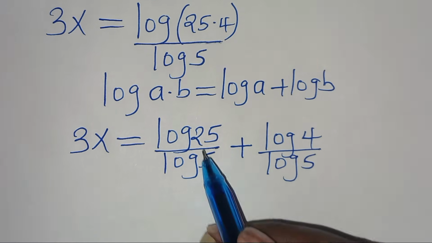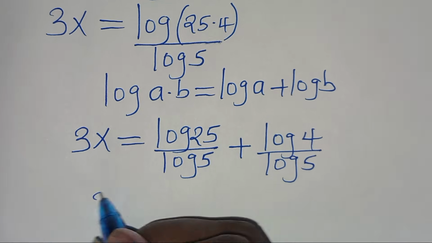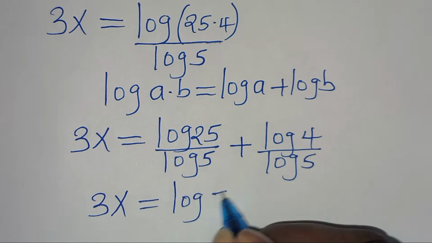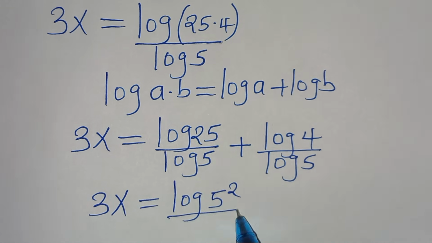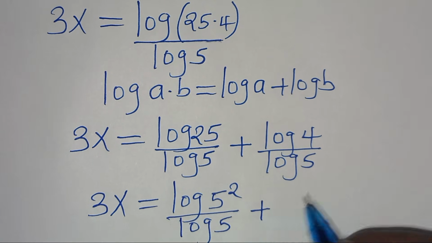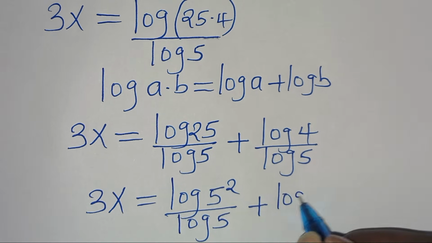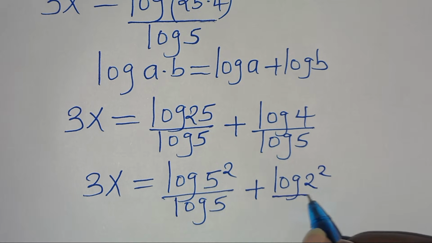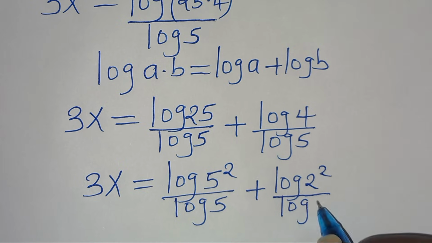The next step is that we can express 25 as 5 to the power of 2. So this means we have log 5 to the power of 2 divided by log 5. Then plus, we can express 4 as 2 to the power of 2. So we have log 2 to the power of 2 divided by log 5.